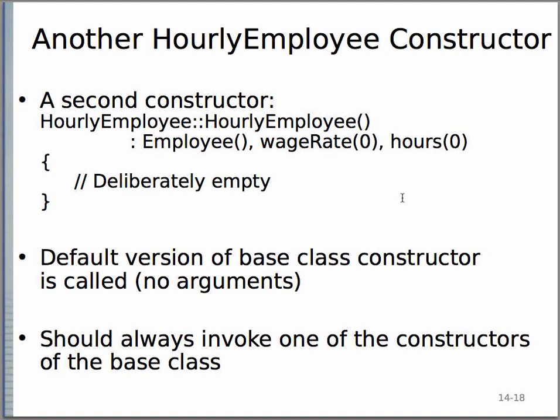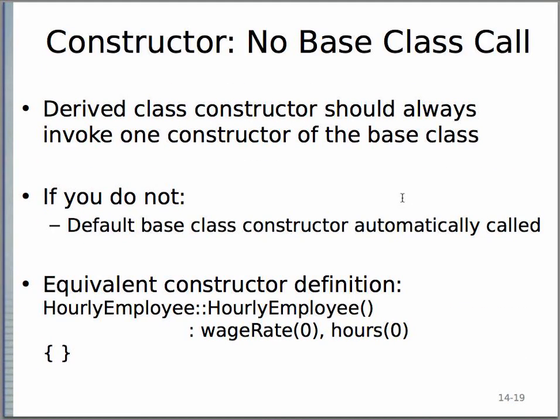Okay, so you should always invoke one of the constructors of the base class. A derived class constructor should always invoke one constructor of the base class. If you do not do that, the default base class constructor is automatically called. So if you don't make a base class call explicitly, it's implicitly there.